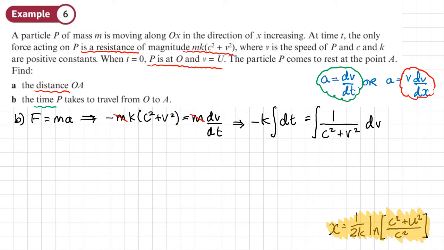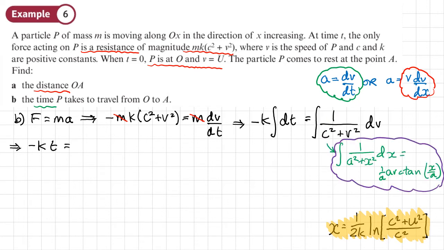So the left hand side is going to become minus kt, and then the right hand side here, you may not necessarily recognize this, but it actually follows this pattern here. We've got a constant squared plus x squared, that's v squared, but it's with respect to v.